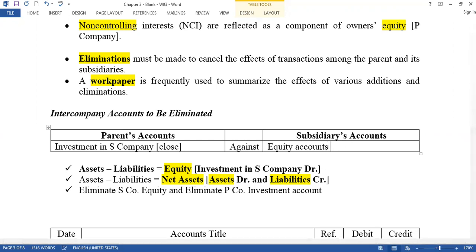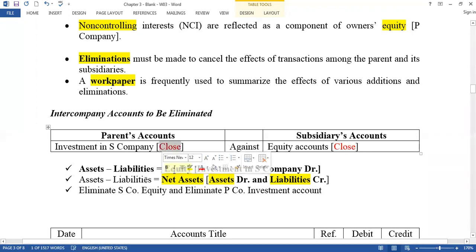So we have to close investment in S company and the equity of S company. So these two accounts should be closed. Why do we need to close this?